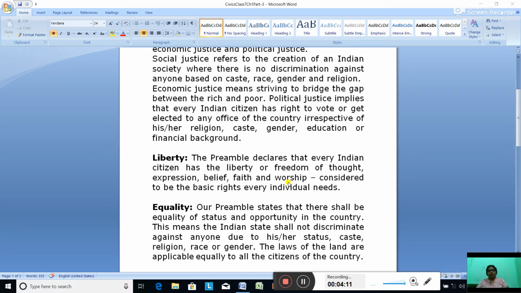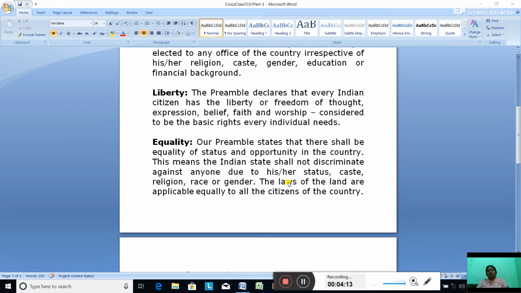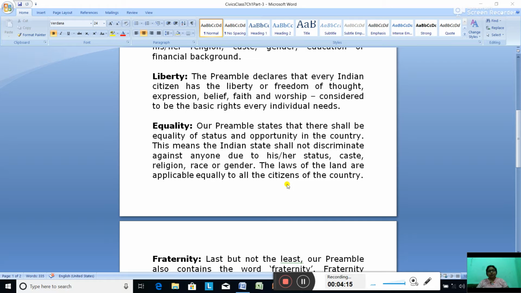Next objective of the preamble of the Constitution is equality. It means everyone is equal. There is equality of status, equality of opportunity in the country. So what does it mean?